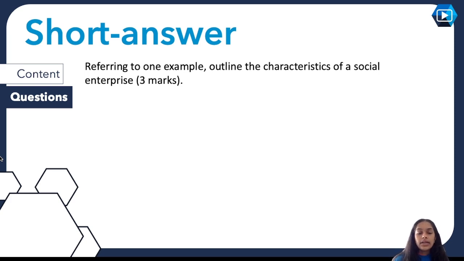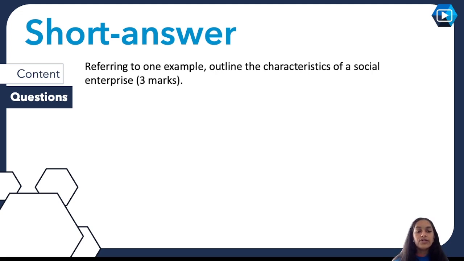Another key part of the question is that it's asking you to refer to one example. So in your response, outlining the characteristics would not be sufficient. You would also need to provide an example in order to demonstrate your understanding, but also answer that part of the question. So when you read a question, make note of the different parts of the question and also what the question might limit you to.